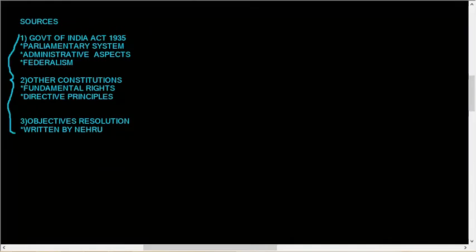Now that we've discussed a little bit about the sources, let's actually get into the Constitution and the different parts of it. So, change the color. Right. Now, the Constitution basically has three major sections, three major big chunks.